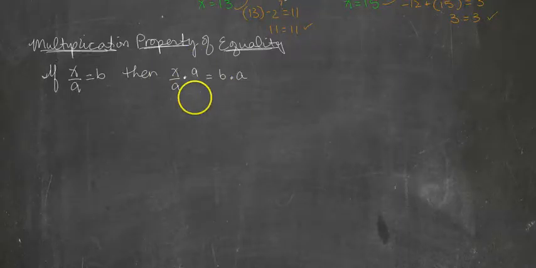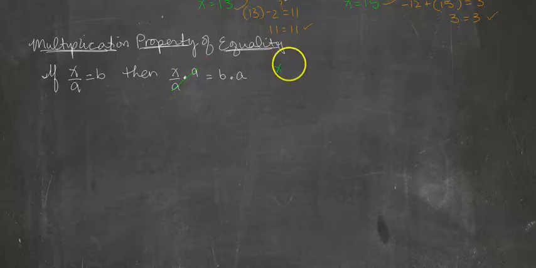So let's look at this one too. Let's break it down. What actually happened when I did this process? I started with a 1 over a on this side, and by multiplying this side by a over 1, I actually made the a's disappear, right?